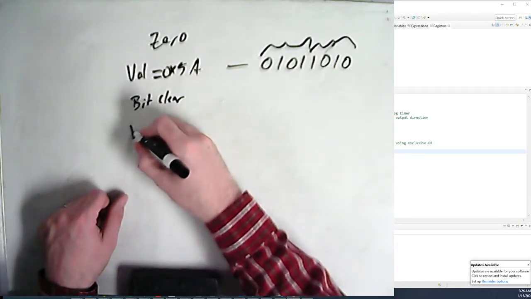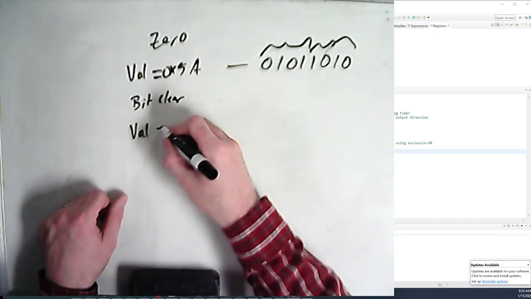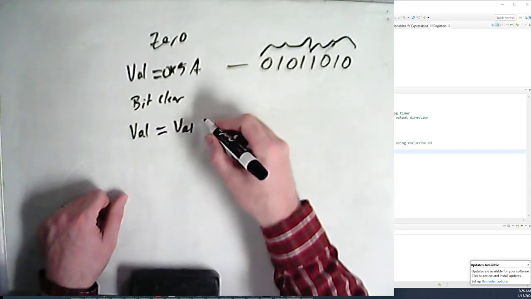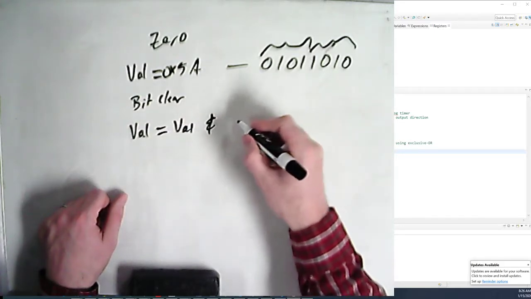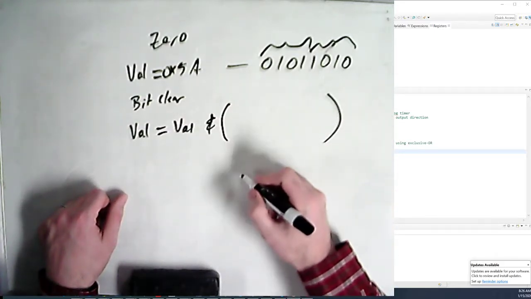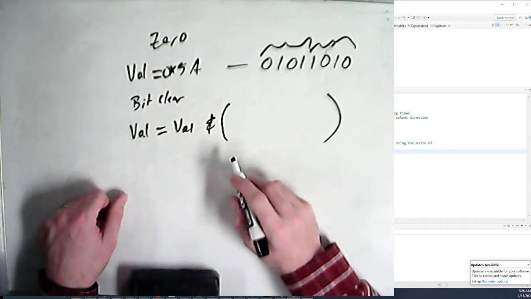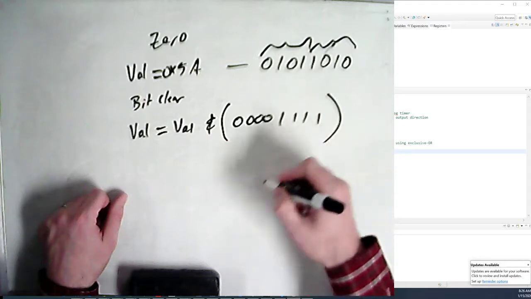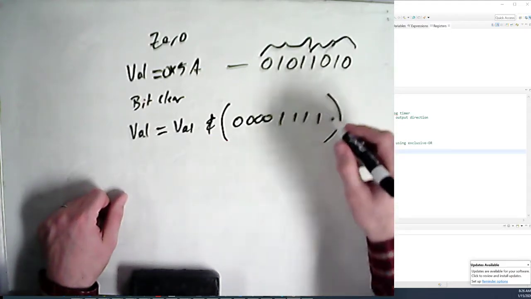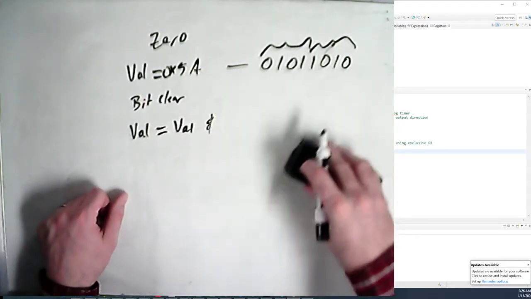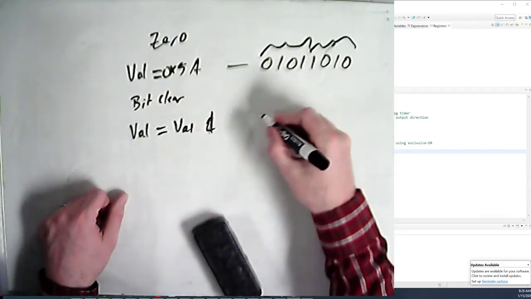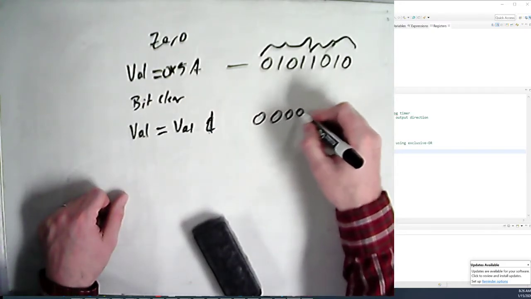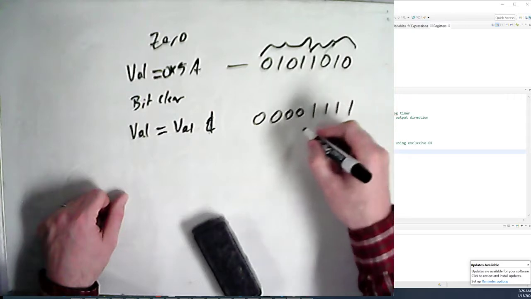The way that we do this in longhand is val is equal to val, and then we have to AND it with something. And if I want to clear the upper 4 bits, I'm going to AND it with this, because this is how it looks. Let me line this up here. 0, 0, 0, 0, 1, 1, 1, 1.